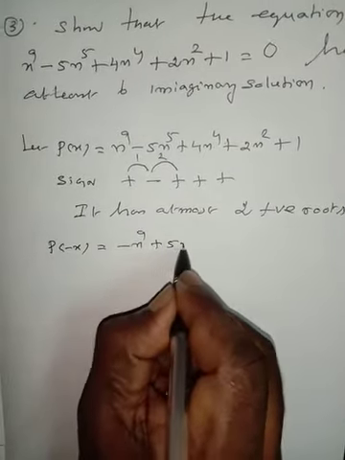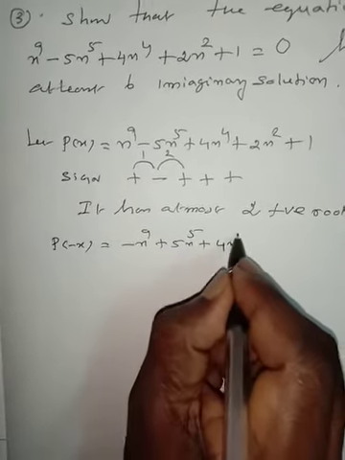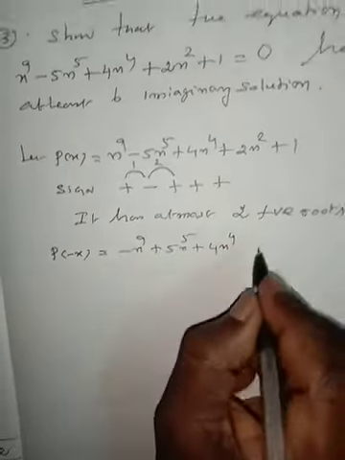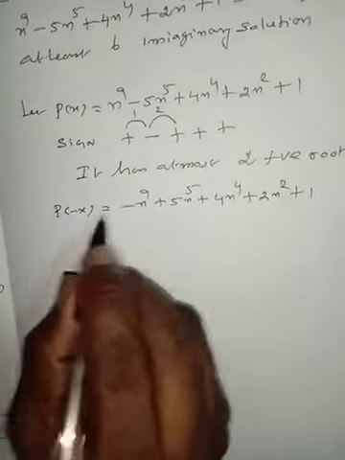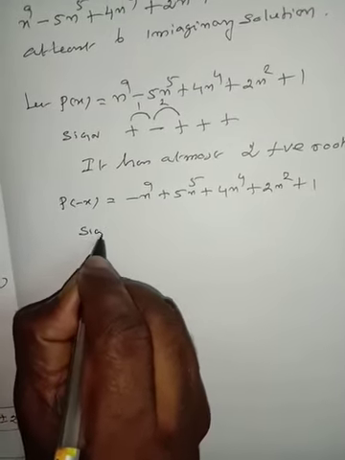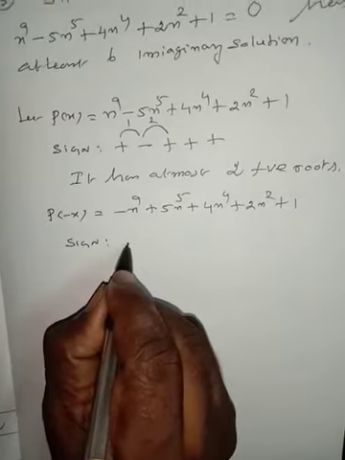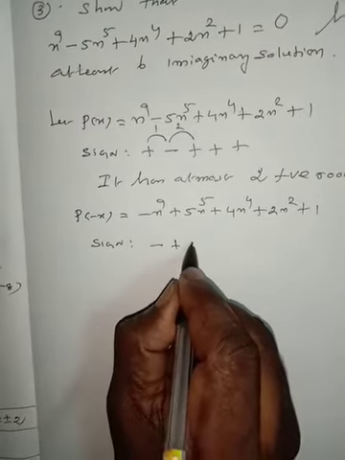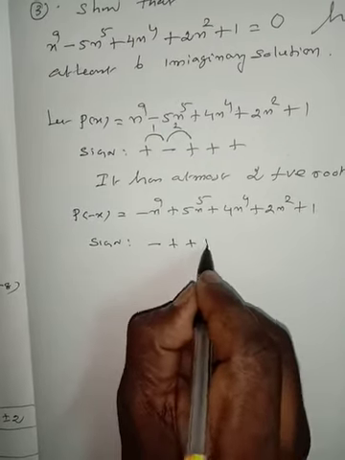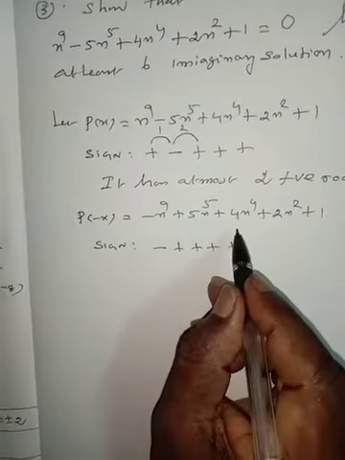Next positive plus 4x power 4, plus 2x power 2 plus 1. Now sign changes: first negative, next positive, next positive, next positive, next positive.